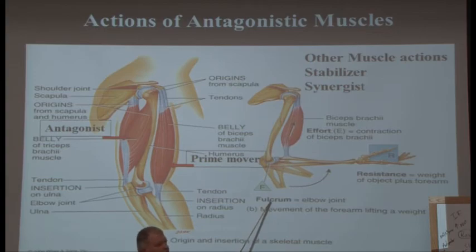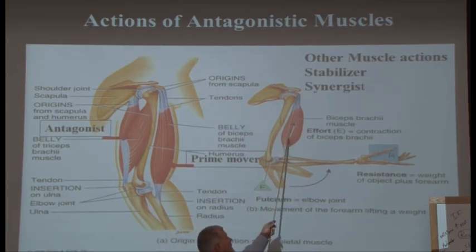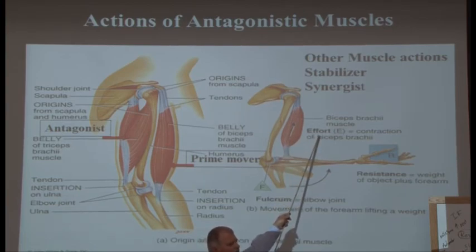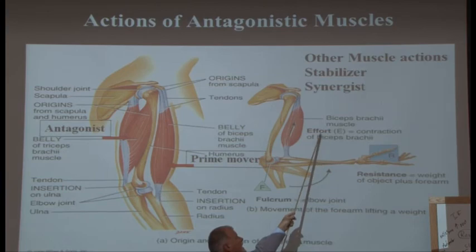The fulcrum is the pivot point for the movement. So we're going to use F as a symbol for our fulcrum. The muscle itself contracting is creating the effort. So we're going to use E for effort as a symbol.